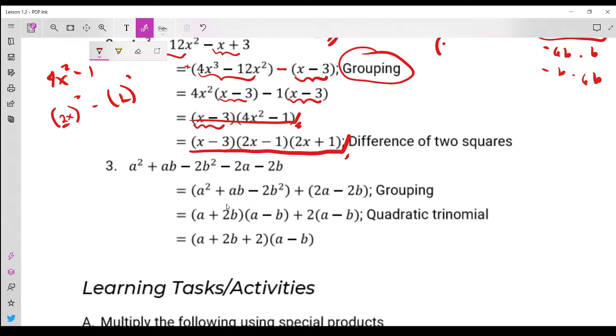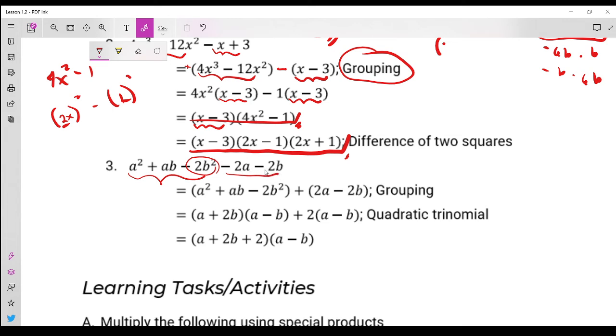So it means that if we have 5 terms, possibly we have one group with 3 terms and another group with 2 terms. As you can see, obviously, this one is a GQT because it has 3 terms, and this is not a perfect square, so it's not a PST. So we can conclude that this one is a GQT. And then we're going to group this with common factor 2.